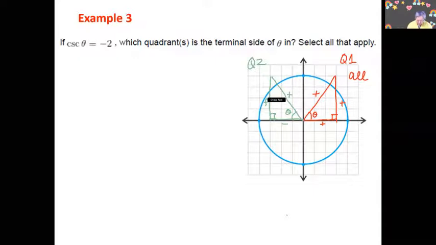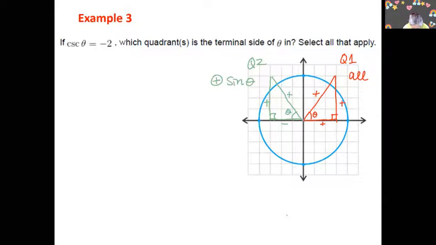Positive over positive is positive, but negative over positive will make negative. So only sine of the angle in quadrant 2 remains positive, because sine is the only ratio that uses the hypotenuse and the opposite, and they are both positive. Let's keep exploring in the next one.